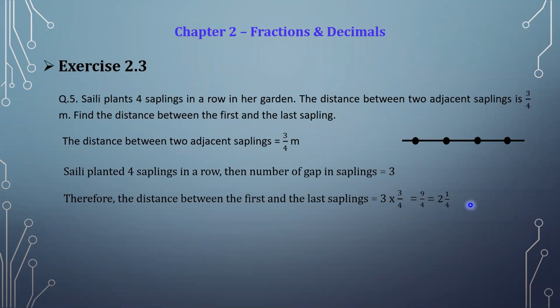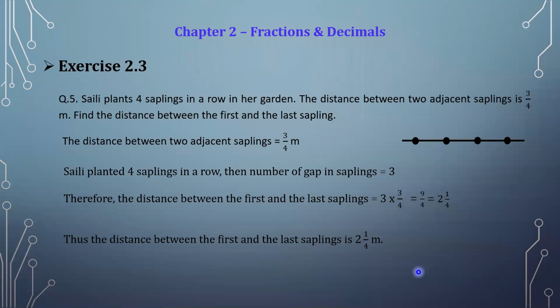So the distance between the first and last sapling is 2 1 by 4 meter. In this way, we find the distance by counting the number of gaps and multiplying it by the value for 1 gap, getting the final answer 2 1 by 4 meter.